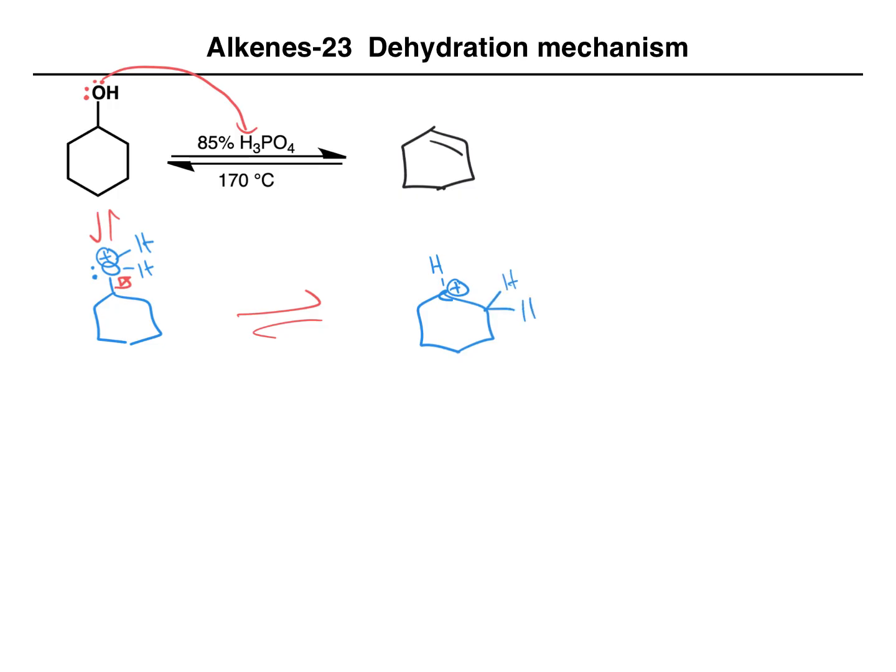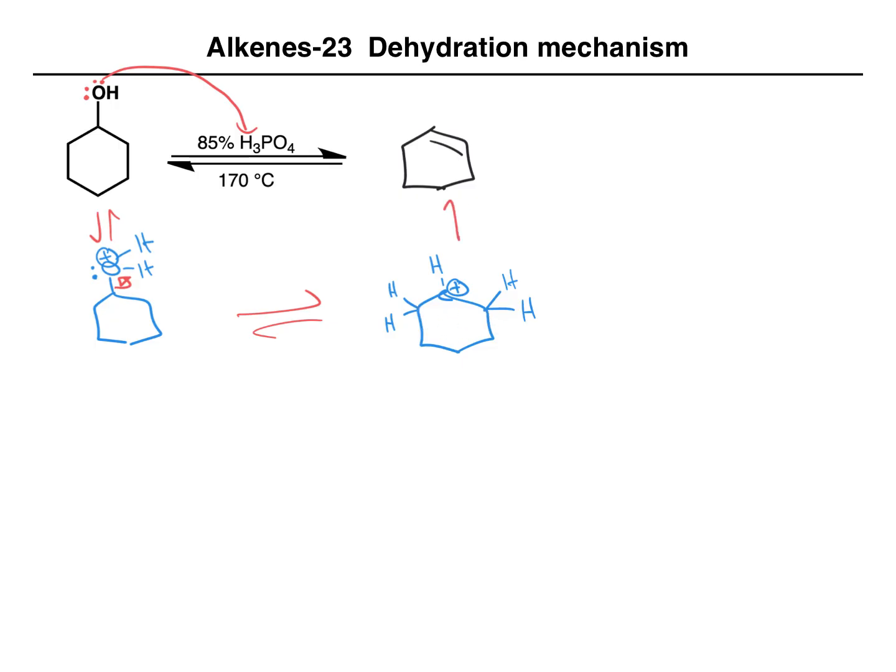Keep in mind that the carbons adjacent to the carbocation both have 2 hydrogens connected. Now remember where the alcohol is and now where the carbocation is, this is called our alpha position. And so this is a beta position and this is a beta position. These beta positions are equivalent to each other.